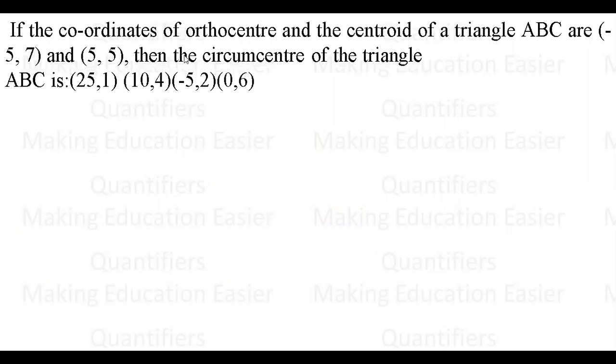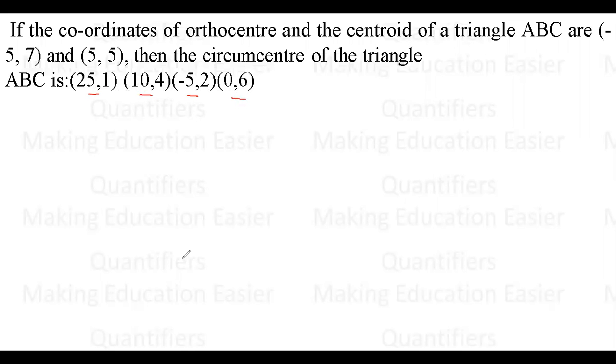So students, just wanted to tell you one thing here, that the options given are: 25 comma 1, this is the first option. 10 comma 4 is the second option, right? And minus 5 comma 2 is the third option. 0 comma 6 is the fourth option.